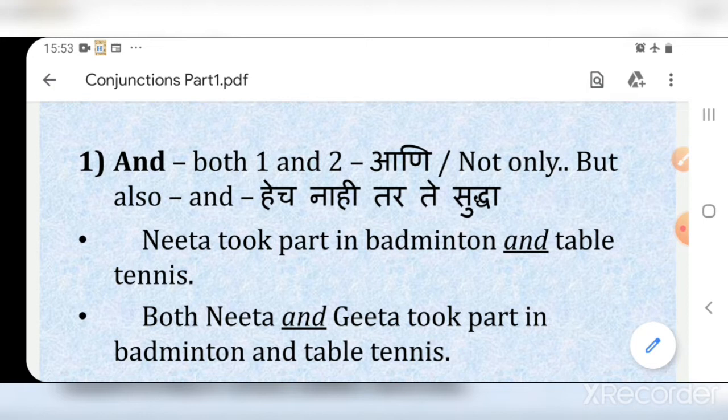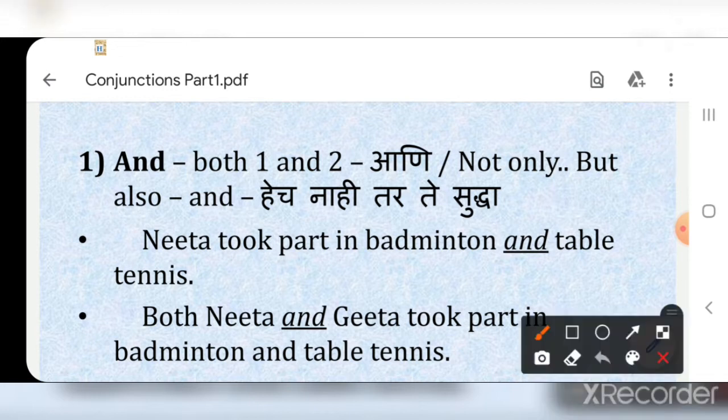Now, here, and means what? Whenever there is a comma between two sentences or two words, instead of that, we can use and. Here, Neeta took part in badminton and table tennis. Neeta took part in badminton, comma, table tennis.